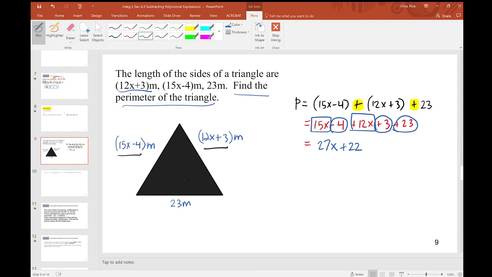We know that the triangle is measured in meters. So I'm going to put parentheses around my binomial and put the m next to it. Once again, the m represents the distance around the triangle. So the perimeter is (27x plus 22)m.